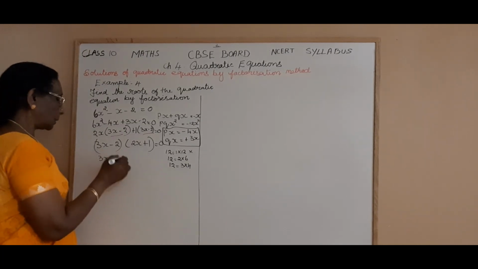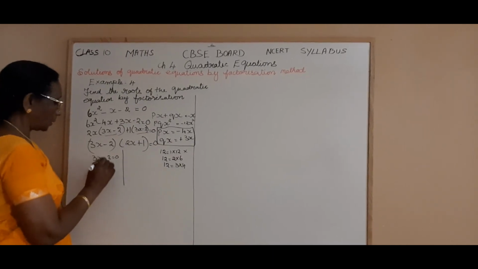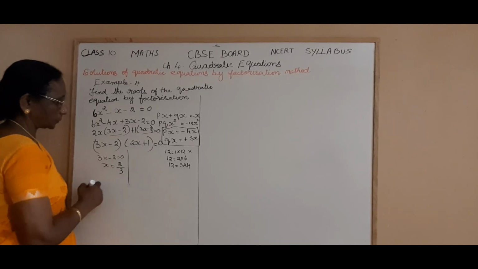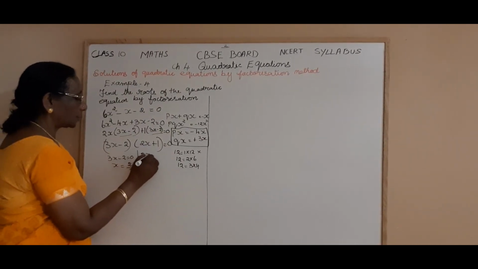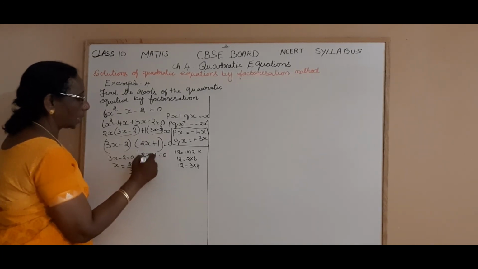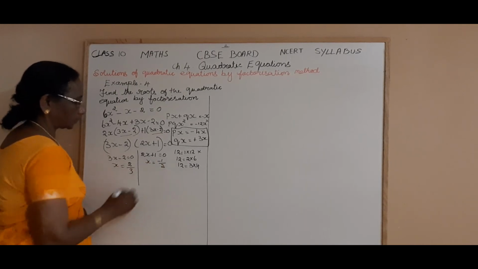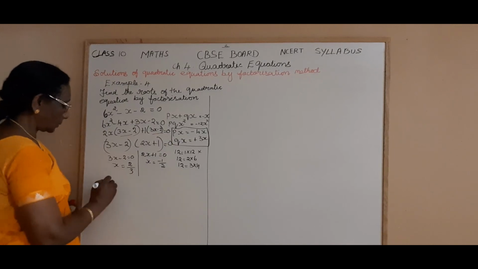So first, when 3x minus 2 is equal to 0, x is equal to what? Bring the 2 on this side, plus 2 by 3. And here also, if 2x plus 1 is 0, x is equal to, bring this plus 1 to the other side, minus 1 by 2. Okay, so what are the roots of the equation?